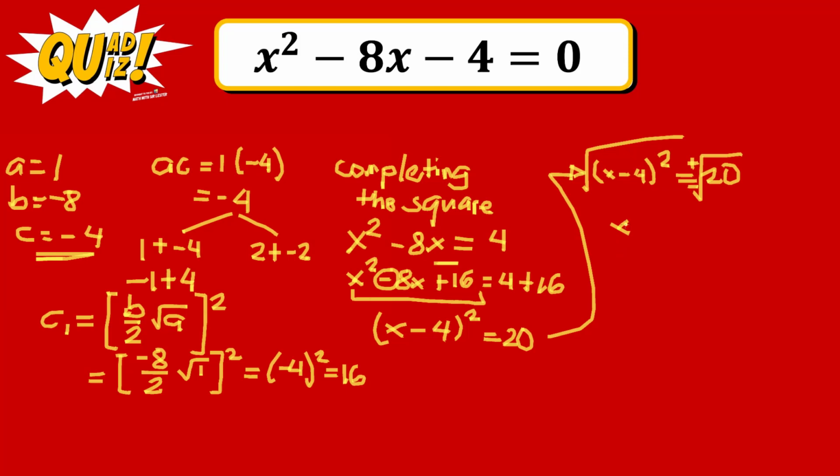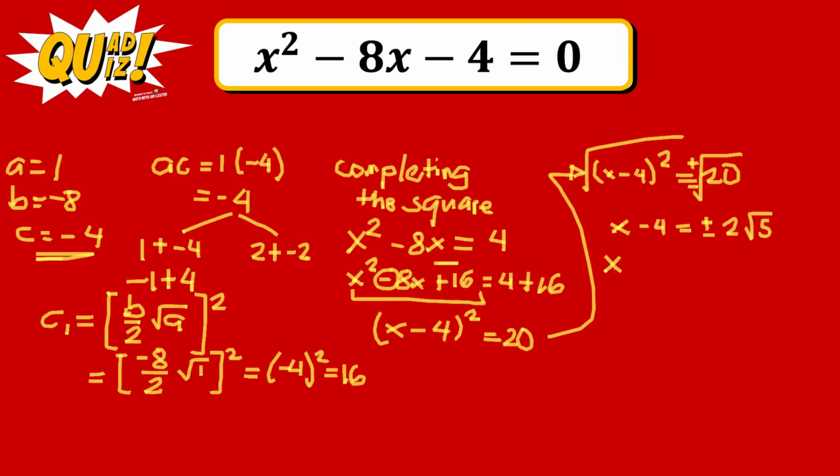So you will have x minus 4 is equal to plus minus square root of 20, which can be reduced into 2 square root of 5. As to how, you might want to review your radical expressions. There are also separate videos in our channel that will help us in doing that. But of course, 20 is 4 times 5, and square root of 4 is 2. That's why 5 is retained as the radicand. But of course, don't forget the plus minus.